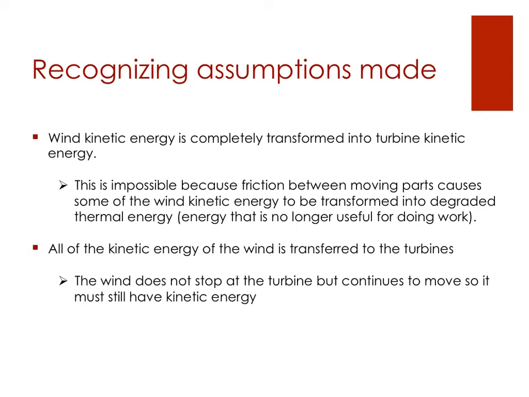Now, if the wind actually is moving through, then it wouldn't have been able to give up all of its kinetic energy. If not, it doesn't continue to flow. It also means that we don't have any friction going on, transferring some into heat. But please be really careful when questions are asked about what part of the turbine or what part of the power transformation is being talked about.